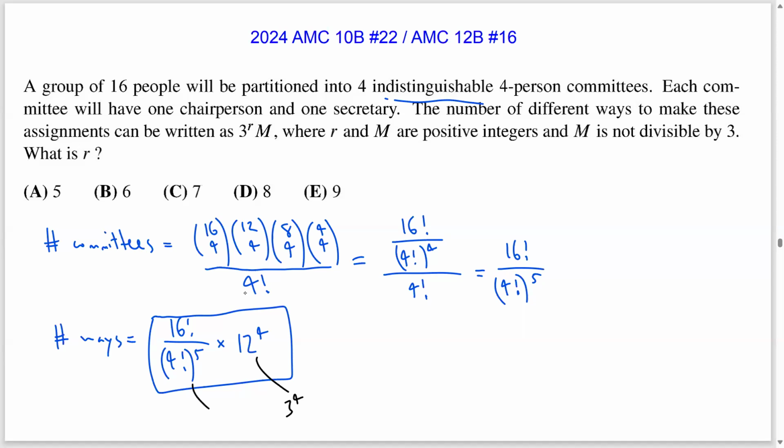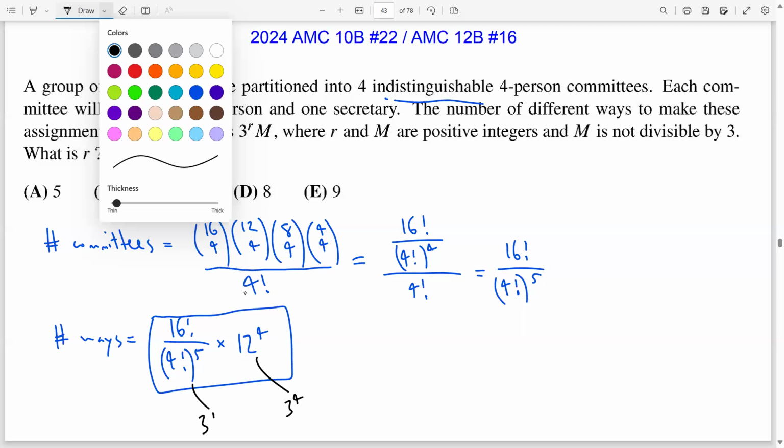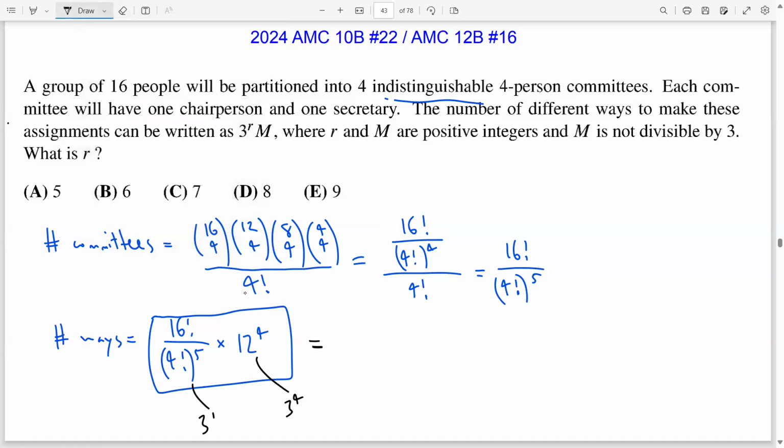So altogether, there's going to be just 1 factor of 3 in the expression 16 factorial over 4 factorial to the 5th. This means that the number of ways is going to equal 3 to the 5th times some number which is not divisible by 3. So therefore we can conclude that r is going to equal 5.